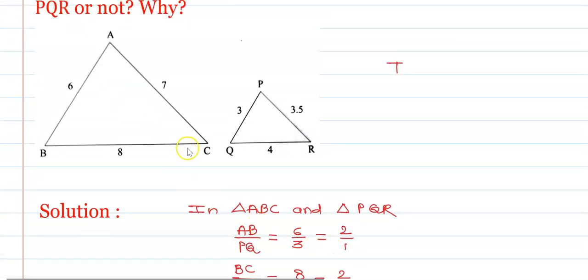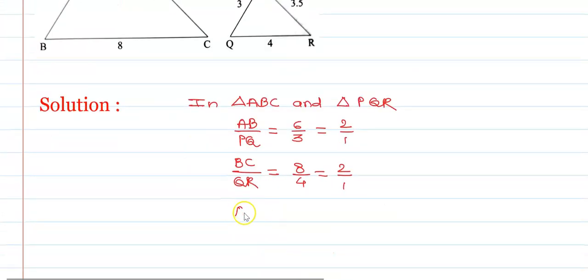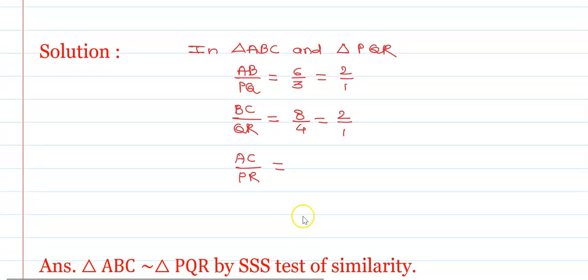And the last, AC upon PR, which is equal to 7/3.5. If we simplify, then we will get 2/1. It means that the ratio of their corresponding sides are equal. AB upon PQ is 2/1, BC upon QR is 2/1, AC upon PR is equal to 2/1.